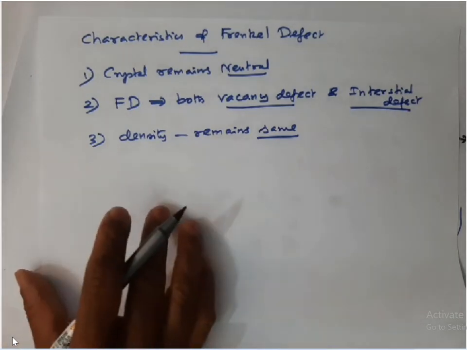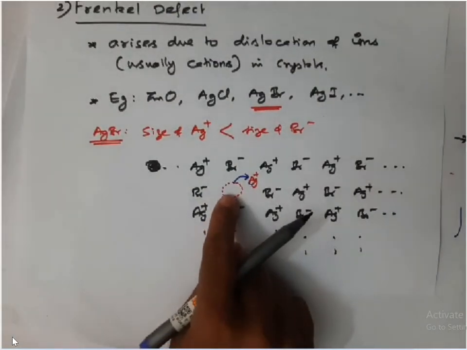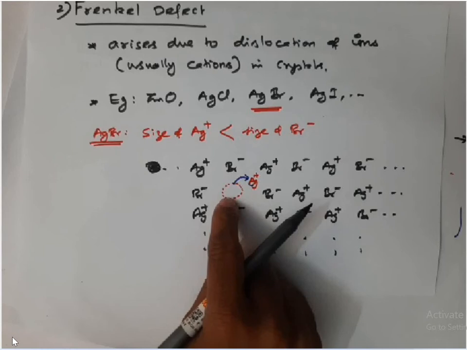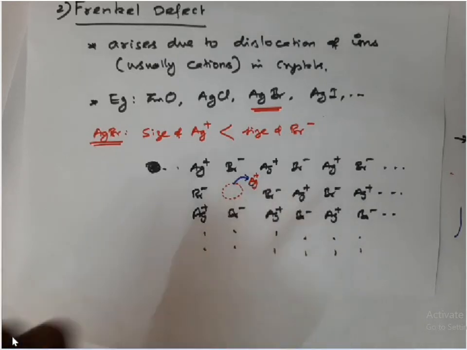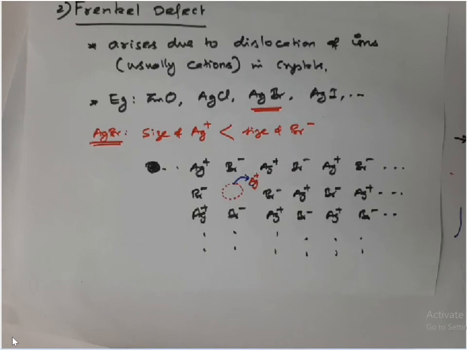Suppose, students, let me ask you a question. Suppose instead of vacancy, only interstitial positions are occupied. There's no vacancy at all, but ions are occupying interstitial positions. What will happen to the density of the crystal in that case?